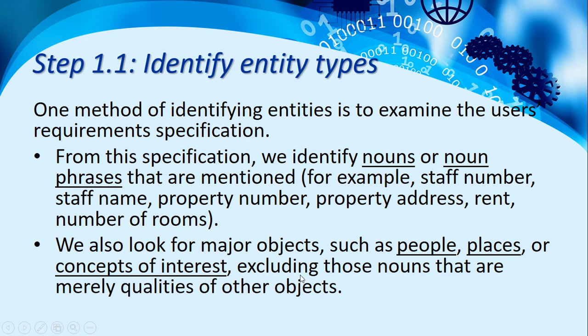Although we do include them initially in the list, eventually we will exclude those nouns we identified and include only the major objects, or people, places, things, the physical type and the conceptual type of entities.